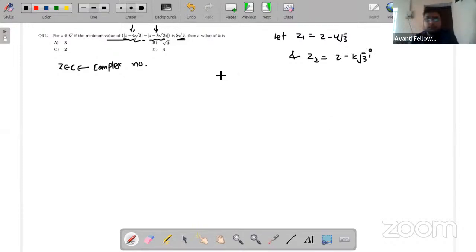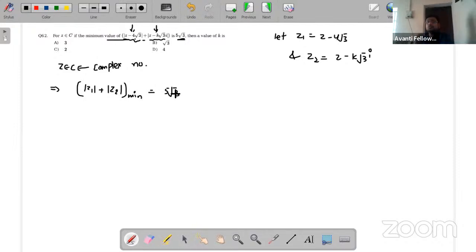So these two complex numbers, if I assume, my final condition would be we have to find the minimum value of modulus of Z1 plus modulus of Z2. This minimum value is given to us as 5√3.